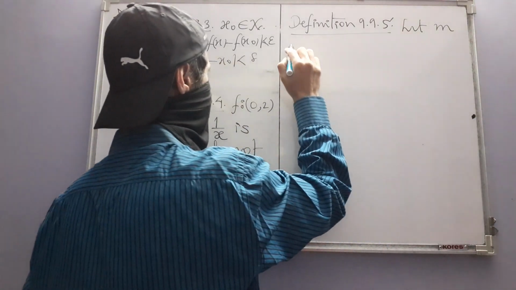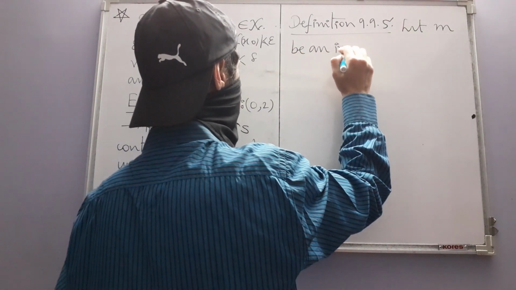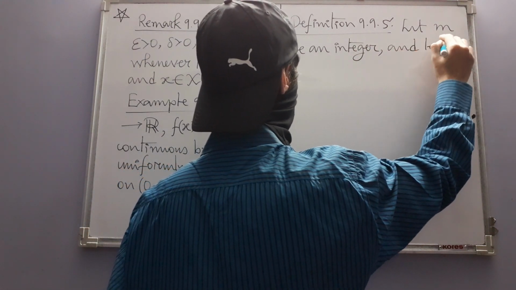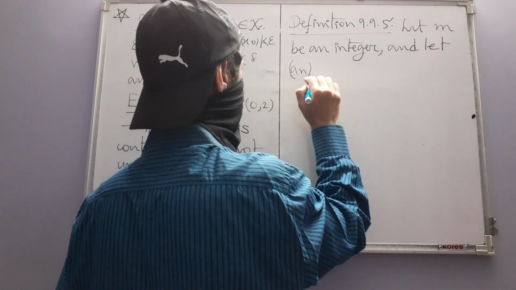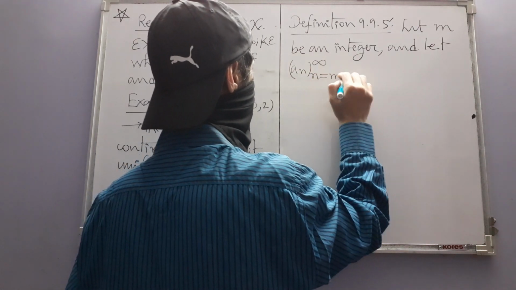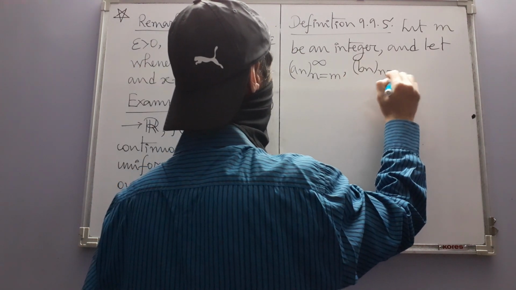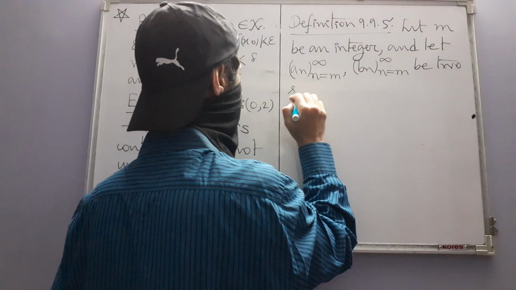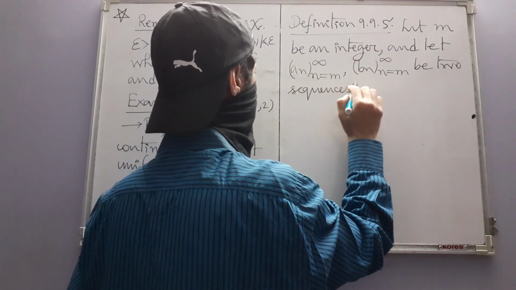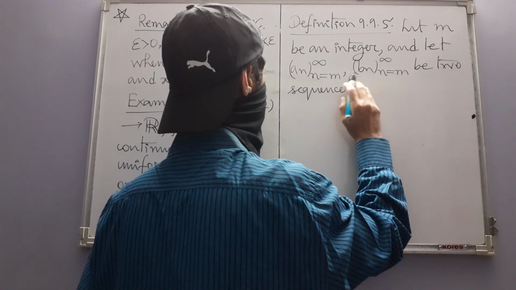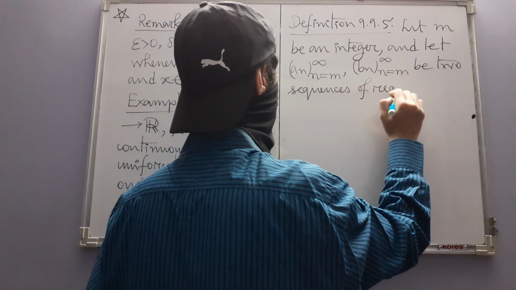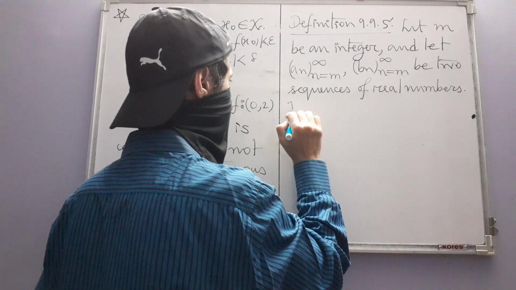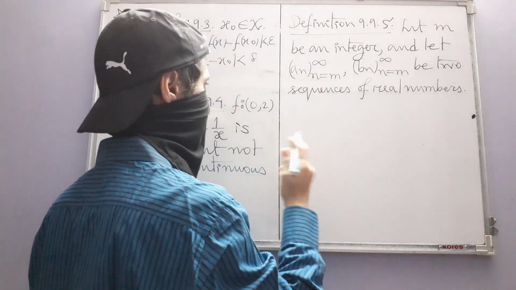Let m be an integer and let a_n and b_n be two sequences of real numbers. We will need one epsilon also.